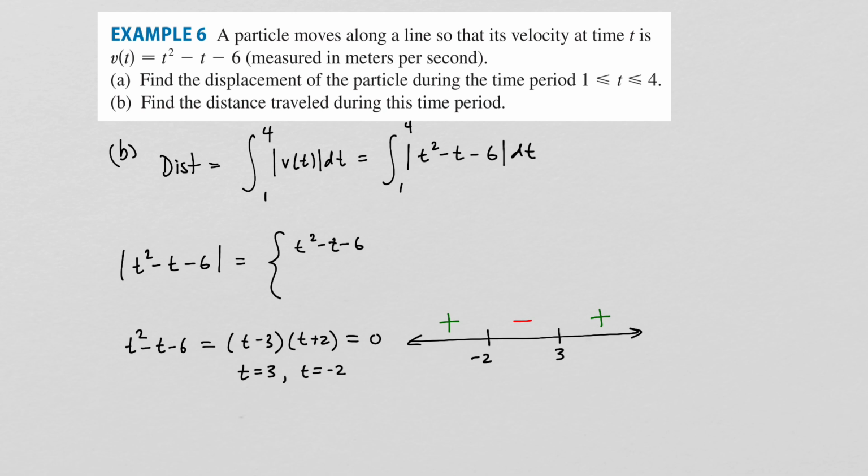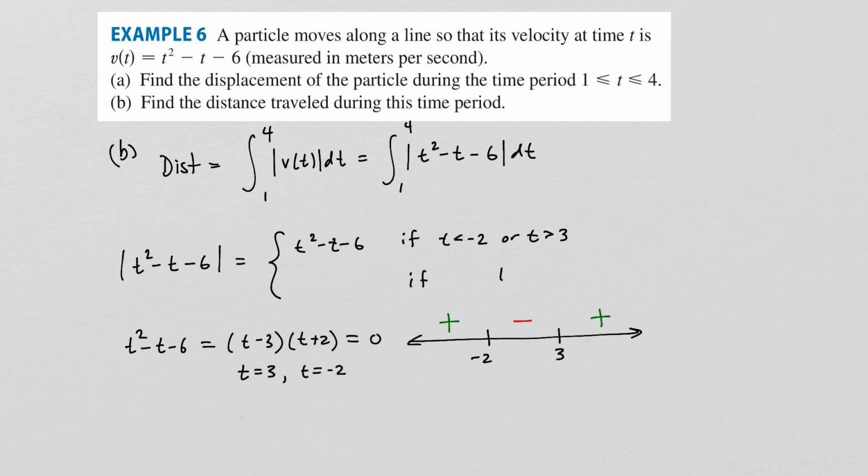So if t is less than negative 2 or greater than 3, the absolute value of t squared minus t minus 6 is just t squared minus t minus 6.